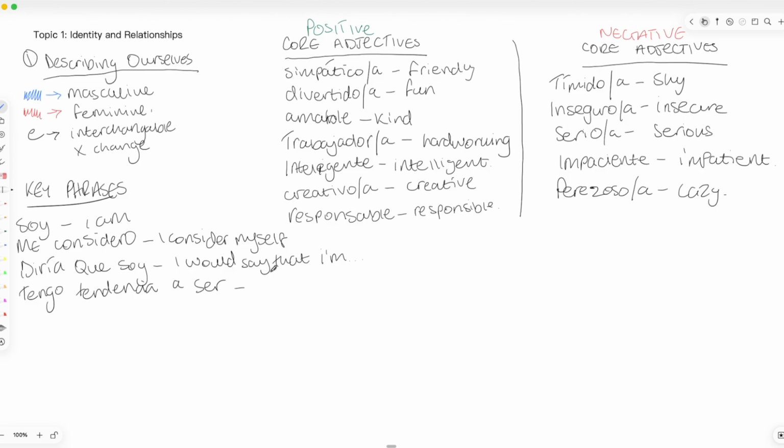It's a nice little cognitive sentence. So I have the tendency to be, or I tend to be, which makes more sense in English. In Spanish, the literal translation is I have the tendency of being, or to be. Those lovely little phrases to be able to use.